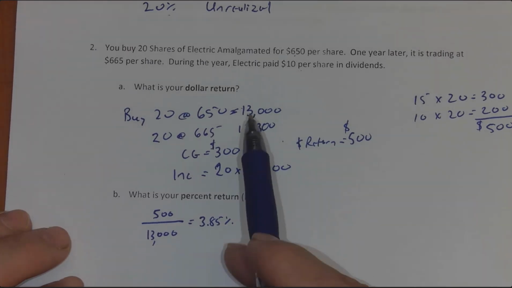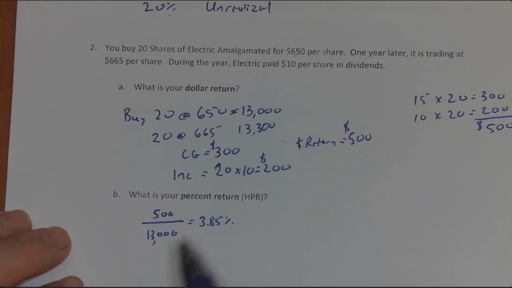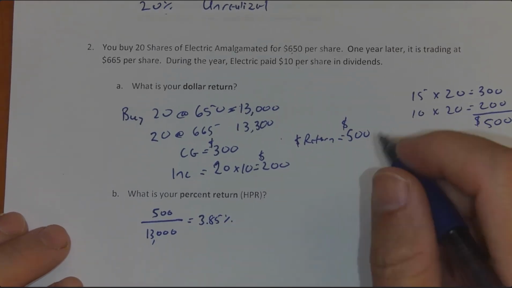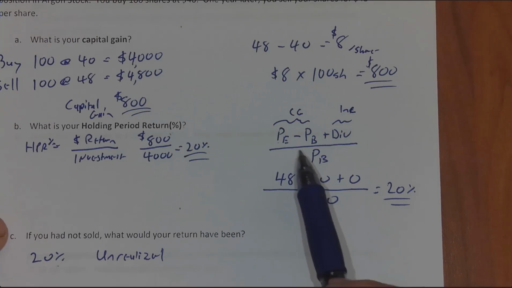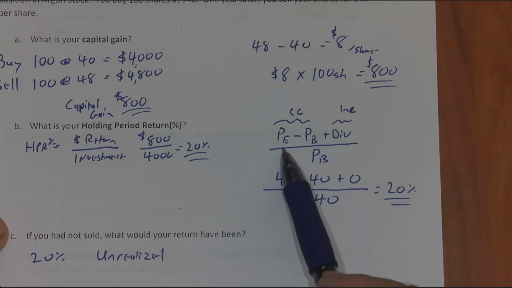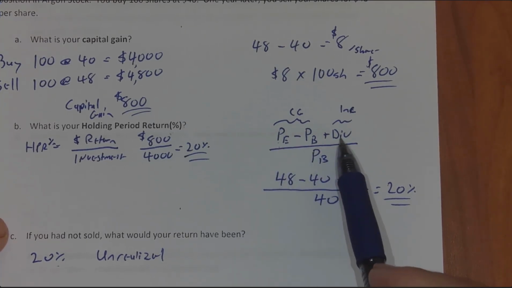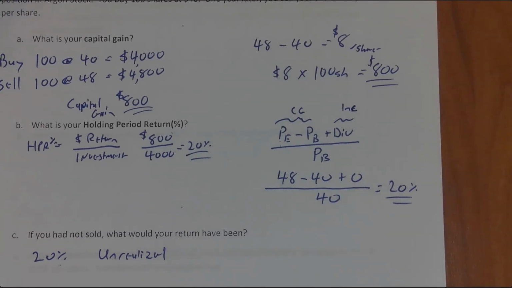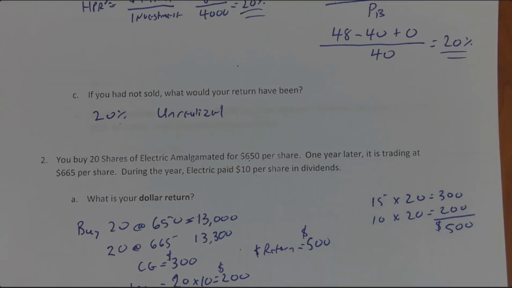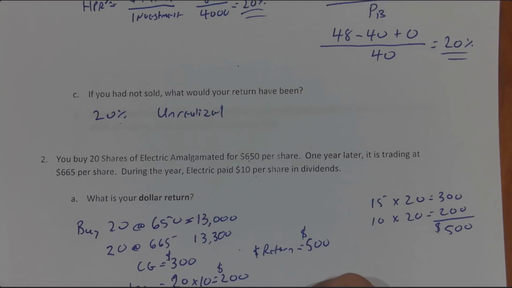Now, if I hadn't already multiplied all this stuff out to get the dollar return, I would have again gone back and looked at ending price minus beginning price plus dividends divided by beginning price. I would just calculate my return on a per share basis, which would be $6.65 minus the $6.50 we paid for it.